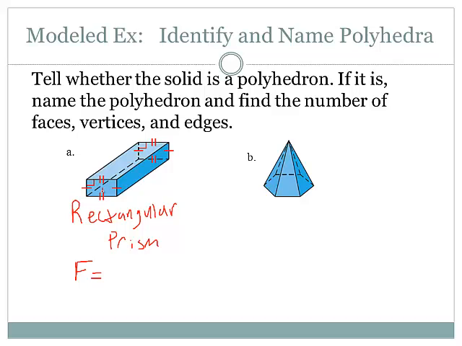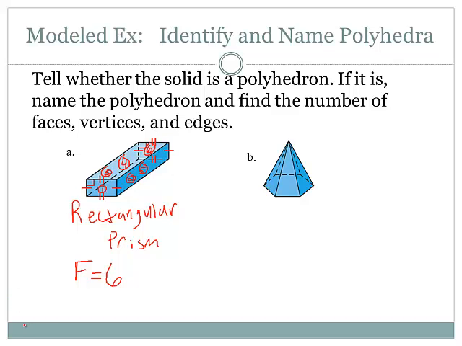So we're going to count 1, 2, 3, 4 is on the top, 5 is on the bottom, and finally we have 6 on the back. So I like to count these and I like to number them. So we've got 1 on the front, the back, side and side, and then top and bottom for a total of 6. So we have 6 faces.